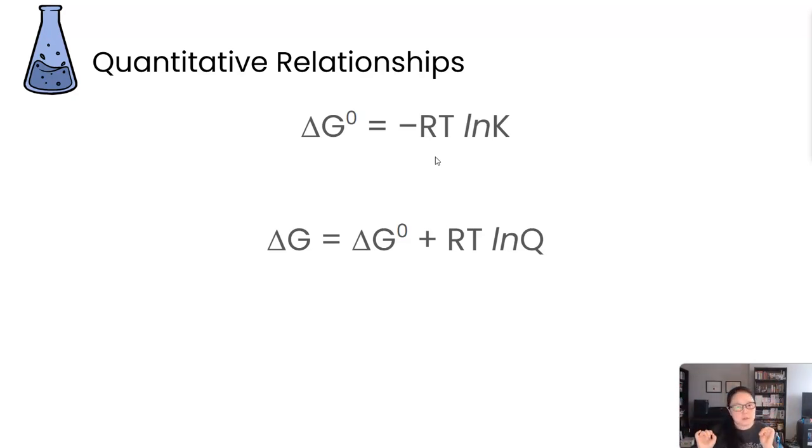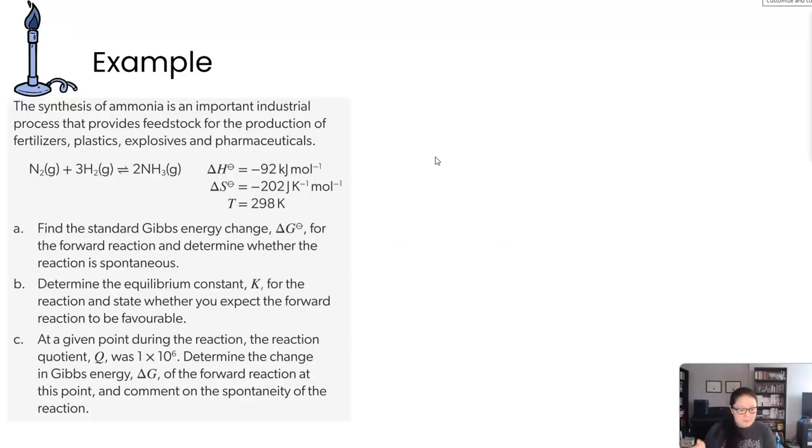That's where this particular thing can be helpful. And of course, in a test situation, you can get a problem like this, where it's going to make you use the equations themselves. So, pause the video, take a look at the question.